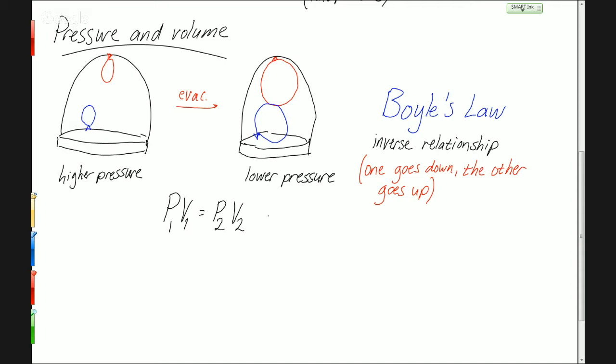So if we measured the volume of those balloons initially, and we knew the pressure was atmospheric pressure, then when the pressure goes down, we could measure the new pressure and calculate the new volume of the balloon based on that.